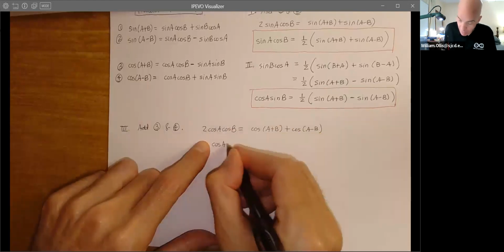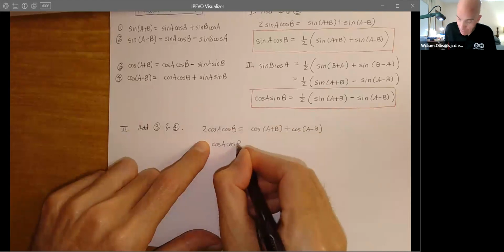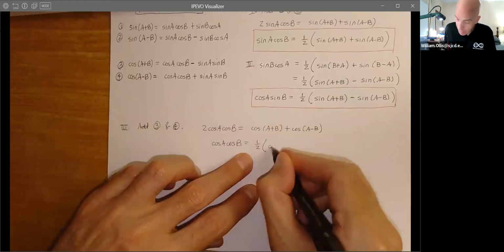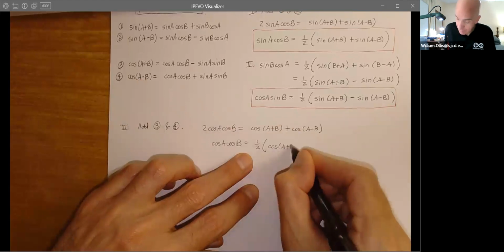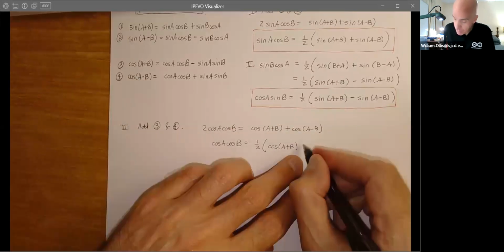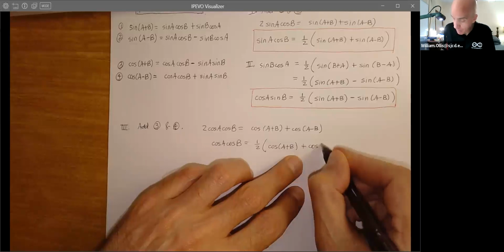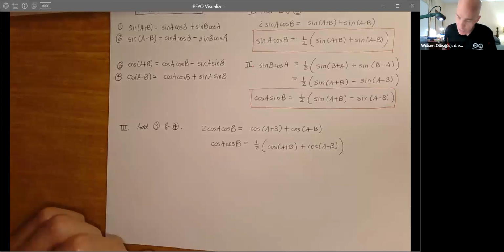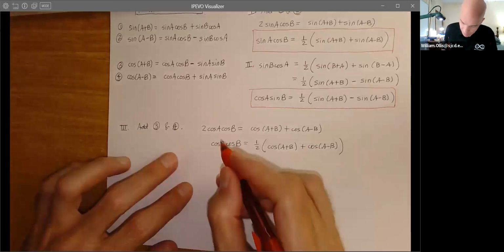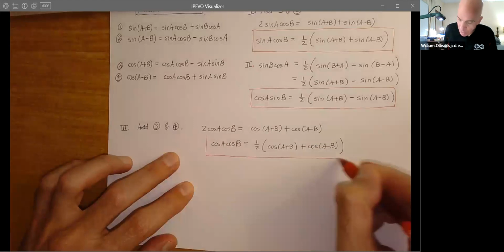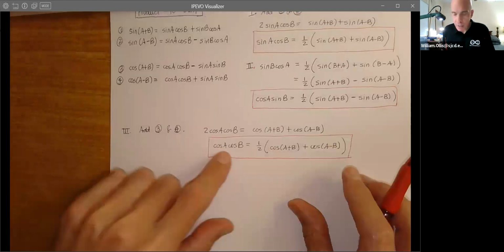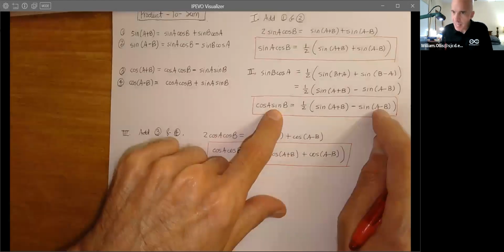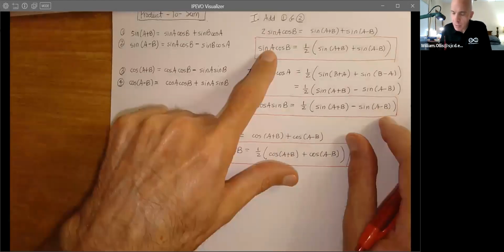Cosine A cosine B equals 1/2 cosine A plus B plus cosine A minus B. And that's in the list here, that's the third one. Again, product to sum, product to sum.